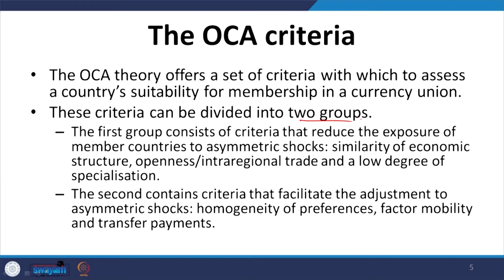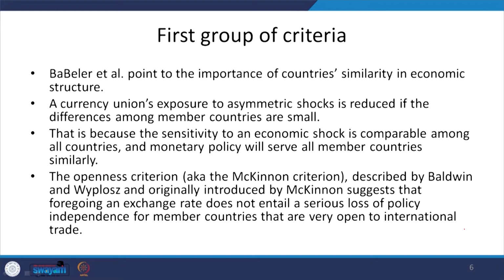These would help reduce the exposure to the asymmetric shock. The second is the criteria to adjust to the asymmetric shock: homogeneity of preferences, factor mobility and transfer payments. This is the second point in understanding the criteria to deal with the shock.